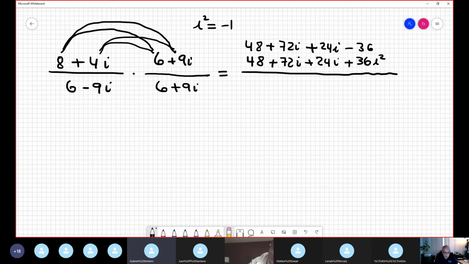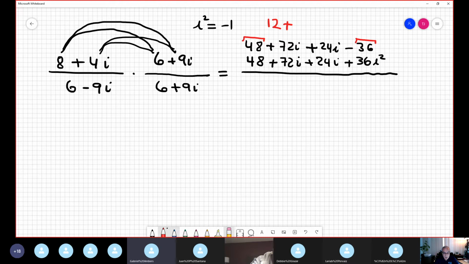Keep going. Of course, we keep going. We combine like terms. Who is like? This and this are like terms. Boom and boom. The real part is 12, no? It's 12 because 48, you put it in the calculator, guys, 12, plus something.